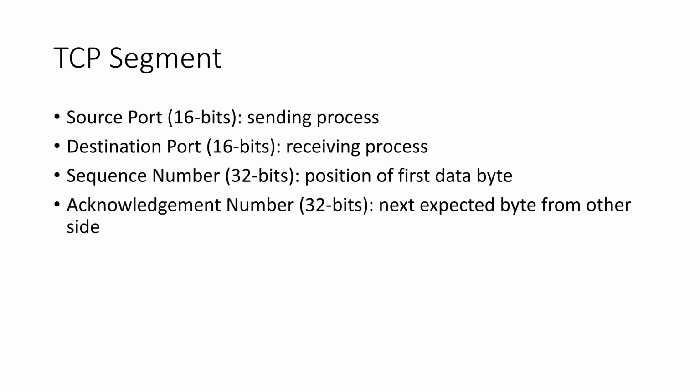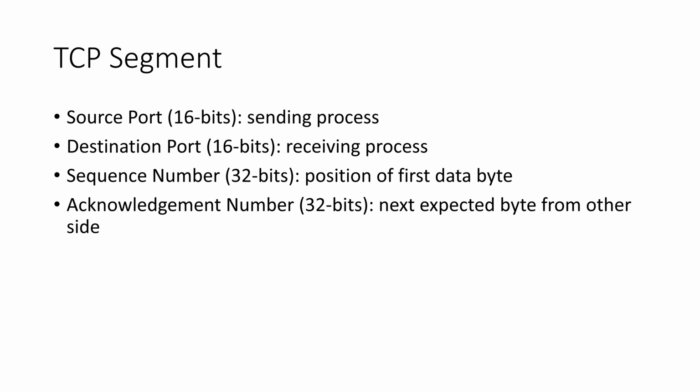The first few fields in a TCP header are crucial for identifying and managing connections. The source port number is the port on the sender's machine where the data originated, and the destination port number is the port on the receiver's machine where the data should be delivered. Together, these two fields identify the applications involved on both sides, and the sequence number is also critical since TCP splits large messages into smaller segments.